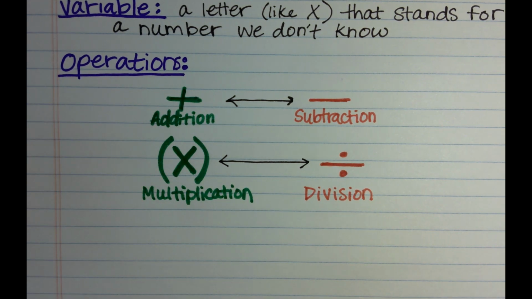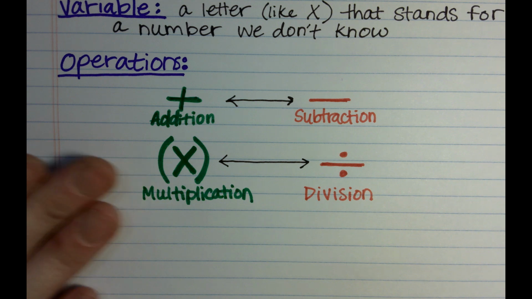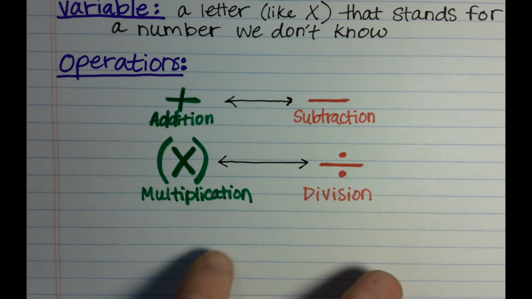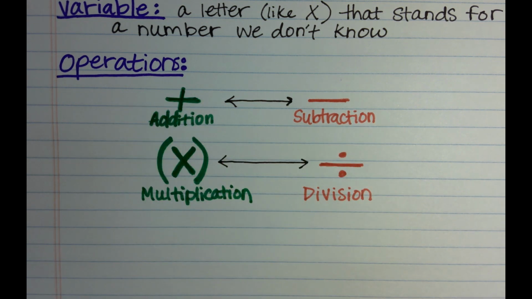There's more things we can do to numbers than just these four things. However, for what we are doing, this is all we need to focus on right now. So knowing that these are the opposites of each other is kind of the main detail that we're going to use to be solving equations. So an equation is just a number statement with an equal sign inside of it at some point. Equation, equal sign, it sounds kind of similar.